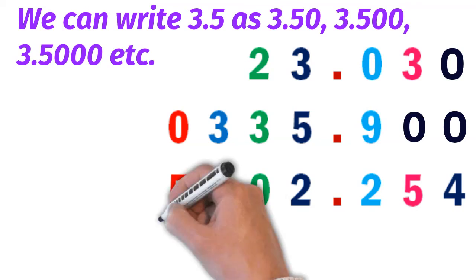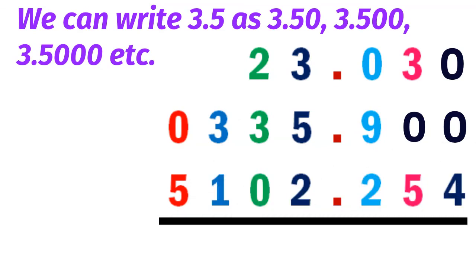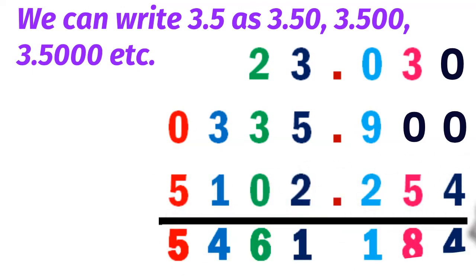Next, first we have to add the decimals just like we add the whole numbers, assuming that there are no decimal points. Thus, we got the result of the addition, that is 546184. Now, we have to put the decimal point by counting the number of places from the right, equal to the number of digits to the right of decimal points of the decimals we added.